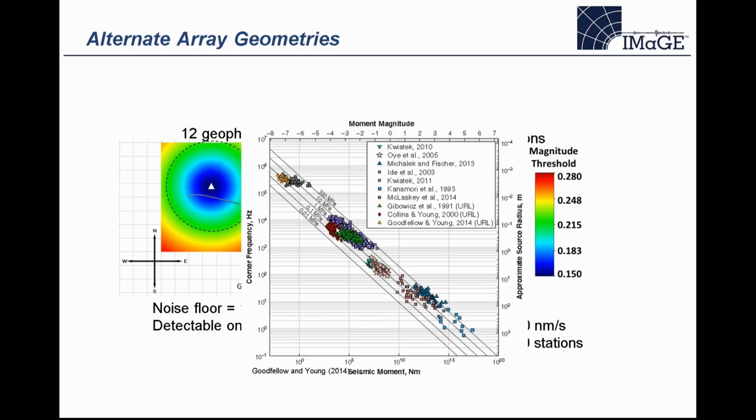So what does it mean? It means if we're using a borehole, we're looking at -2, and that corresponds to an upper frequency limit of about 1,000 hertz. And if we're doing the surface survey, then we're probably looking at events up to 100 hertz.